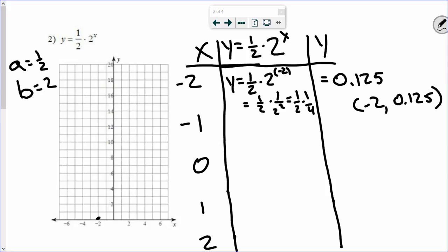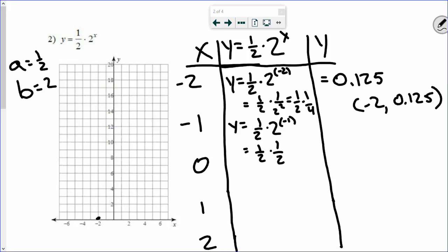All right. Continue plugging in points here. 1/2 times 2. This time I'm substituting in -1. Oh, what's that look like? That looks like 1/2 times. Let's simplify that negative exponent. So I move the base 2 to the denominator. The exponent then becomes positive.